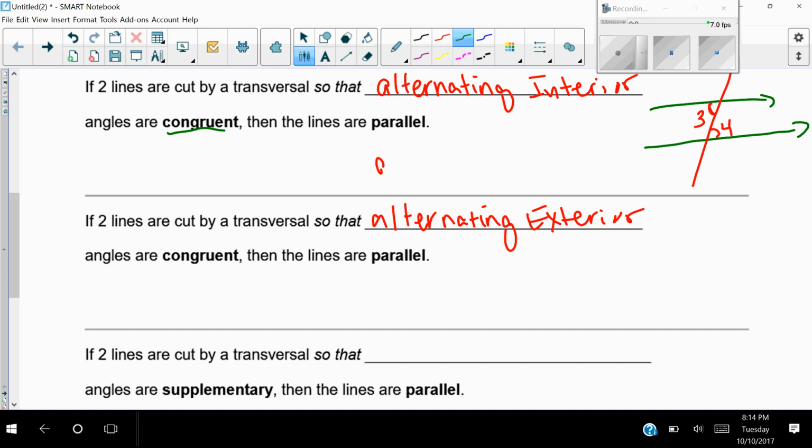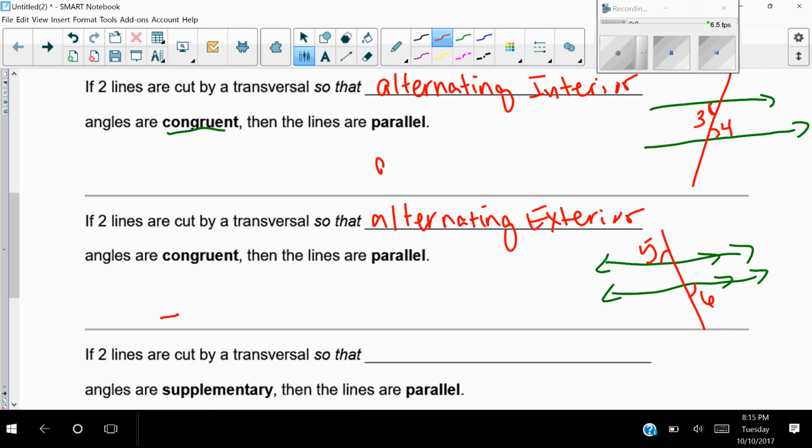If we have two beautiful parallel lines, and then just show another arrow showing that they're parallel, and we have a transversal. Alternating means they're on the opposite side of my transversal, and exterior means they're on the outside of my green parallel lines. So maybe one is on the left and one is on the right, but they both have to be exterior. So make one 5 and one 6. Doesn't matter which one it is.